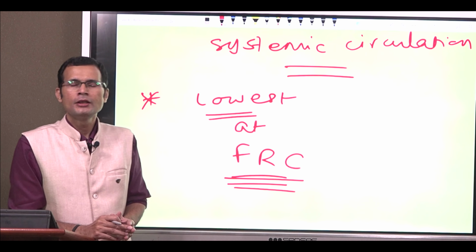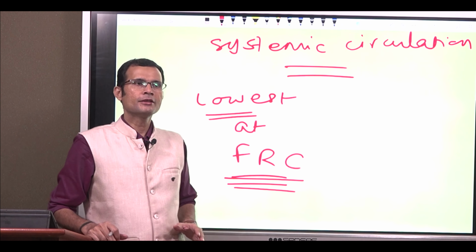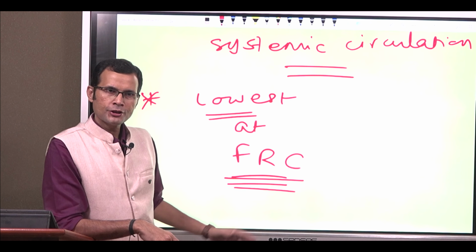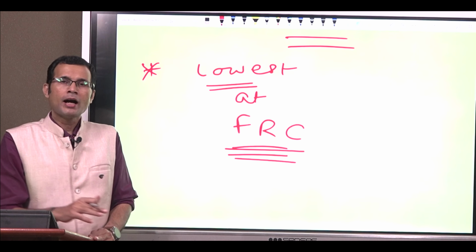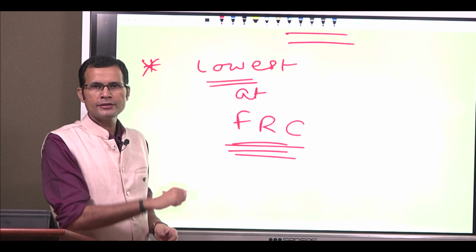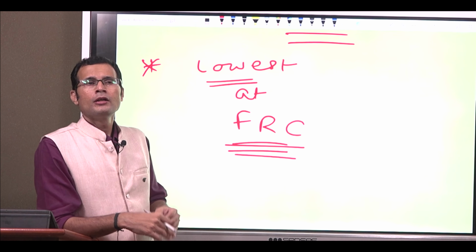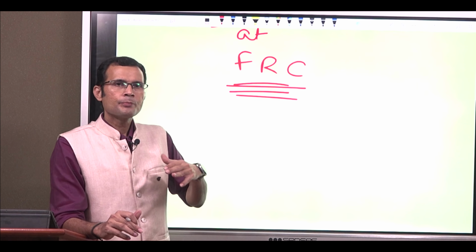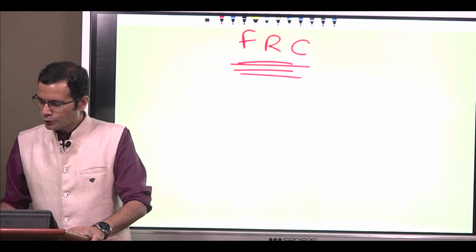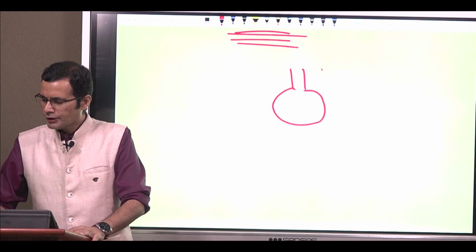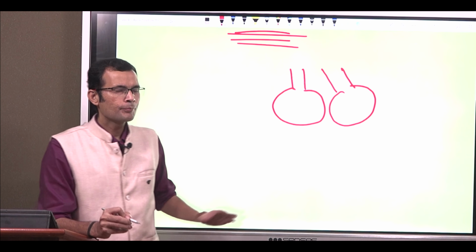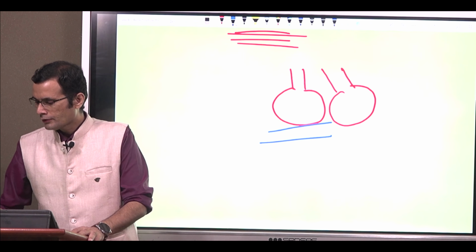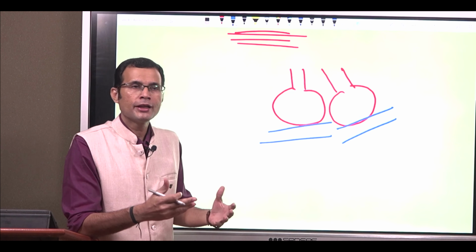We have done a video on lung volumes and capacities, so you can refer to that video as well. At the end of quiet expiration, the lungs are at FRC and this resistance is lowest. This is understandable, because if the person takes a deep forceful inspiration, it is like this. Let's have a representative view of the lungs and the blood vessels associated with the alveoli.